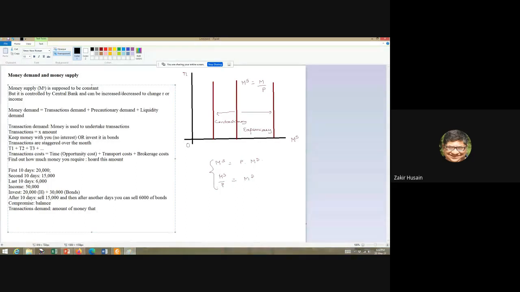The amount of money that you... see, you have got two extremes. One is that you invest the entire amount. You have got 50,000 as your income, and this entire amount is invested. What are the advantages of this? What are the disadvantages?